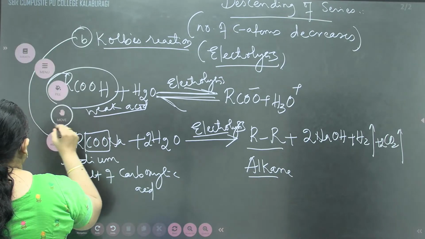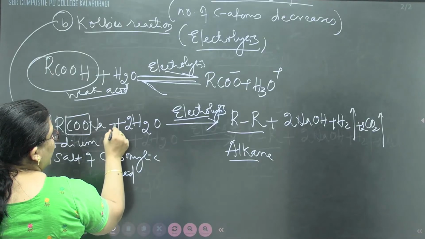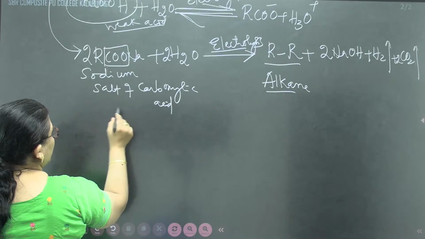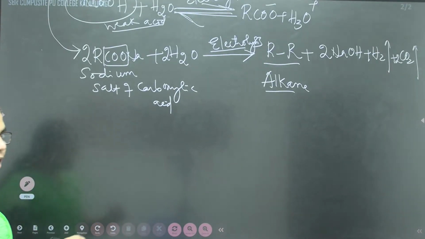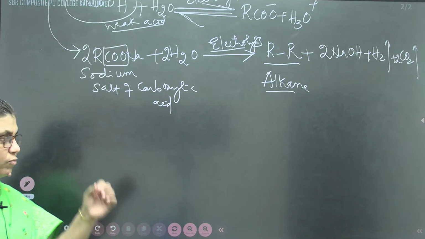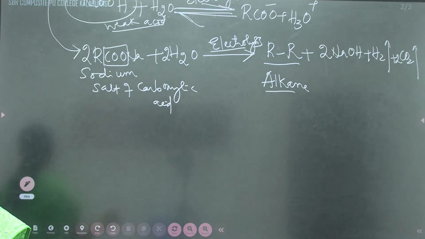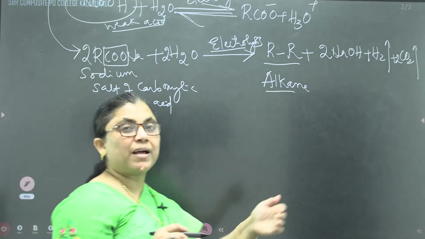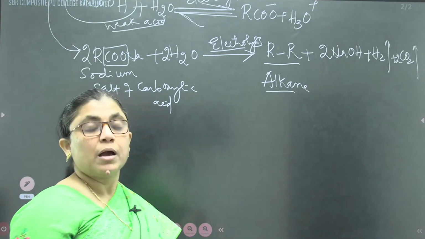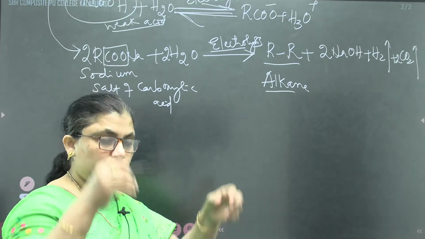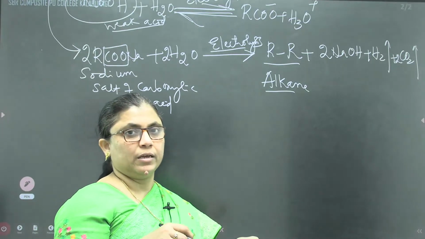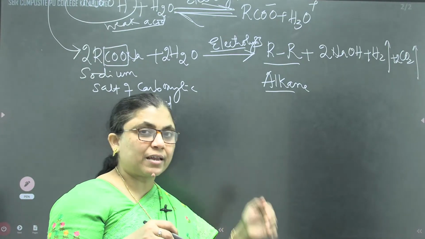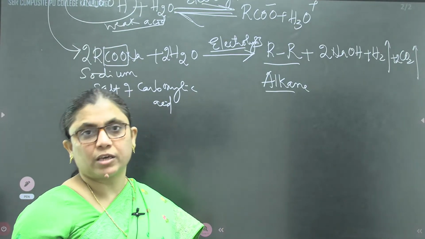Actually, in this reaction, how does the mechanism take place? Electrolysis means we take the sodium salt of a carboxylic acid in aqueous medium in a container, and pass electricity. Two electrodes are dipped there, one acts as anode and one as cathode.